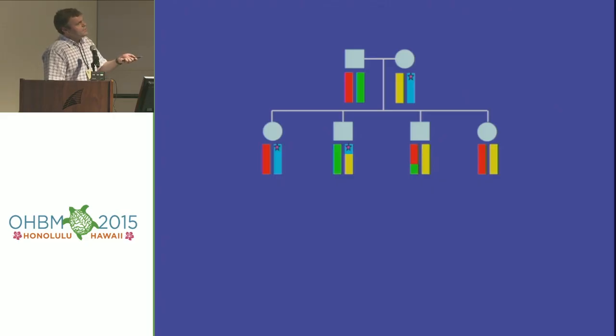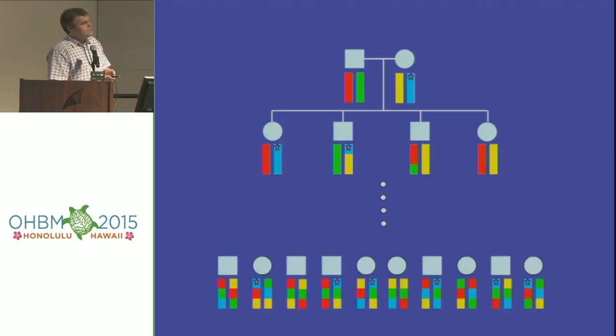So what would happen is the children get 1 chromosome from father and mother. There are some recombined chromosomes, as you can see here. And our position of interest is here. So two of the children get this position of interest. And now we go along over many generations, and what we will find after many generations is a set of recombined chromosomes, as you can see here.